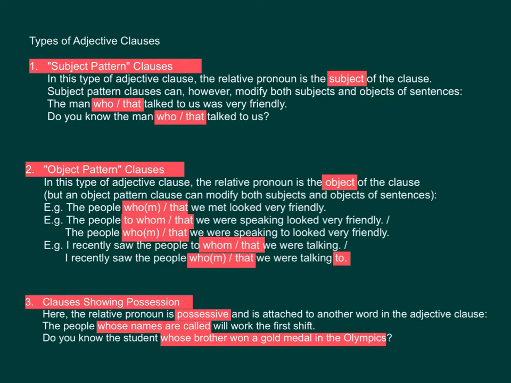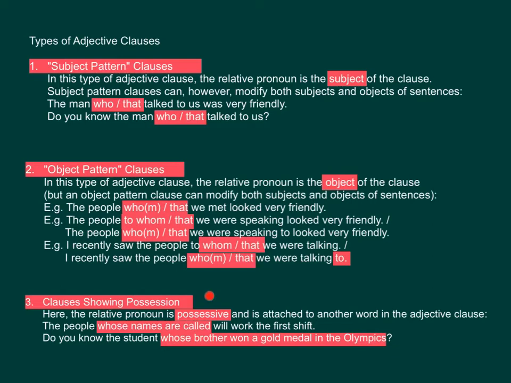Another example, the people to whom or that we were speaking looked very friendly. Or the people whom or that we were speaking to looked very friendly. Another example, I recently saw the people to whom or that we were talking. Or I recently saw the people whom or that we were talking to.